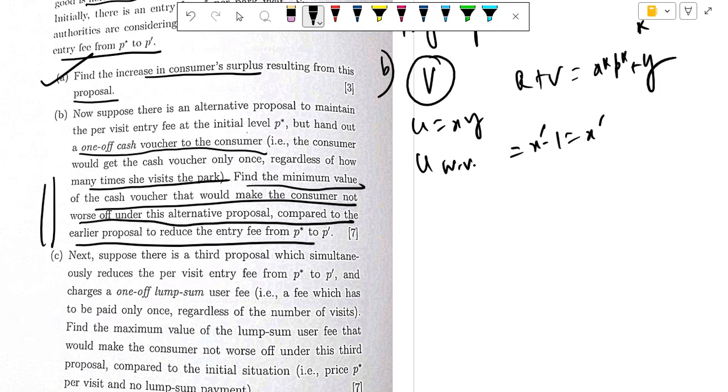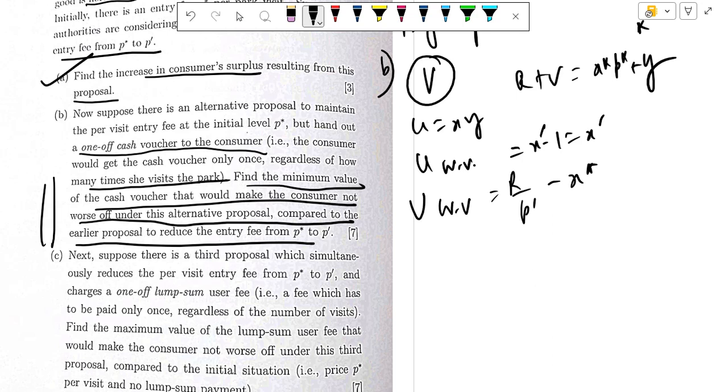Now the consumer utility without the cash voucher but with the reduced entry fee. So we want to find the minimum value of V, okay, such that the consumer is not worse off under the alternative proposal compared to the earlier proposal to reduce the entry fee from P star to P prime.